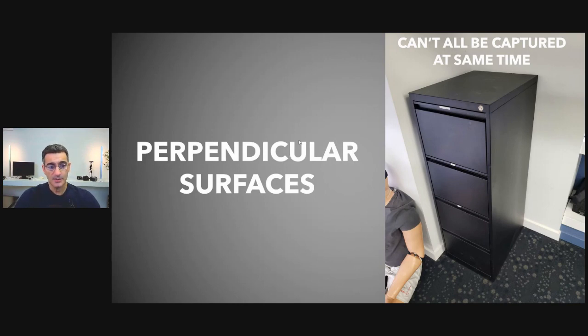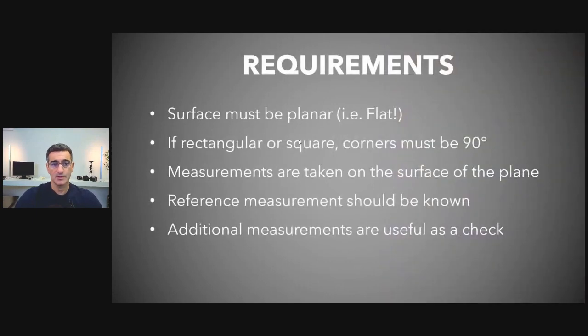So there are some requirements that you have to consider when you're reviewing these kinds of photographs, or if you want to take measurements and you want to start looking at these. So let's talk about them here. The first one is that the surface that you're working with has to be planar. What I mean by that is it has to be flat.